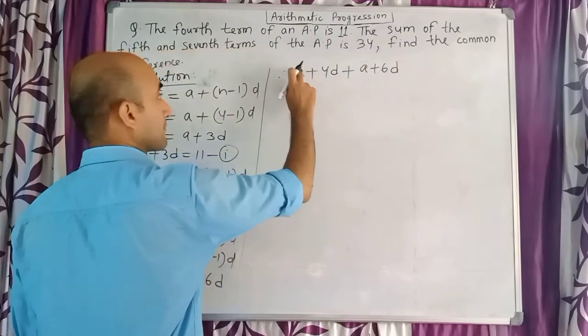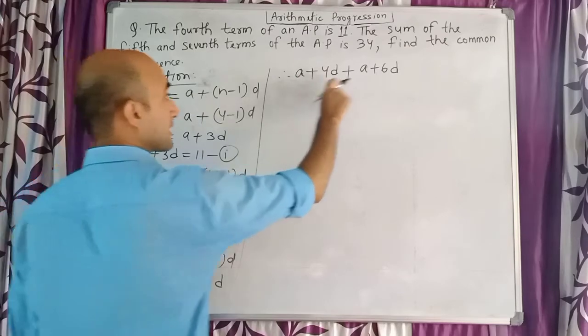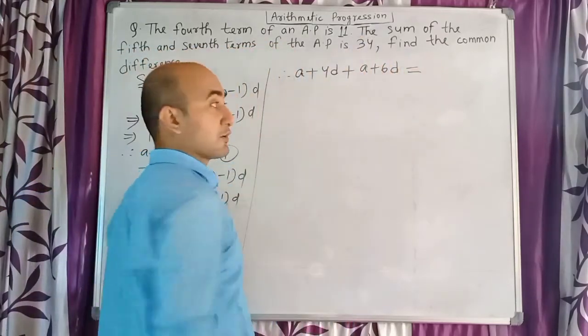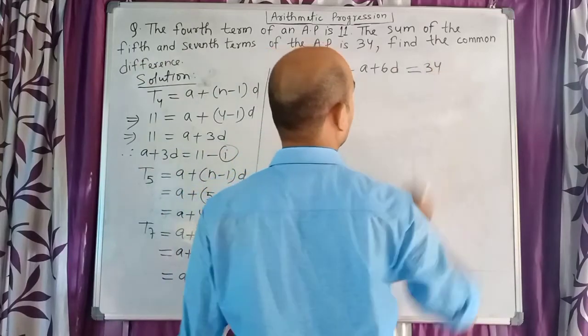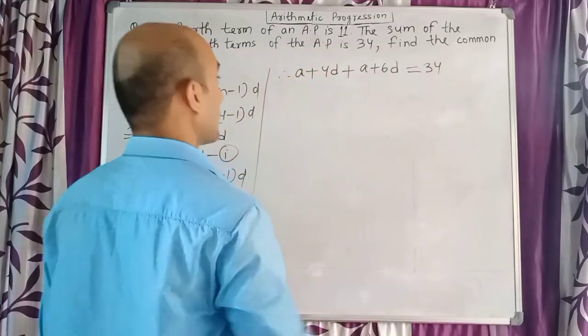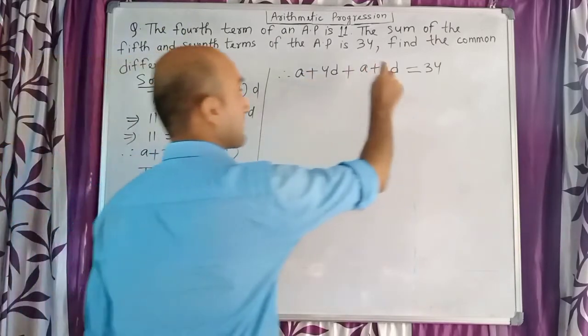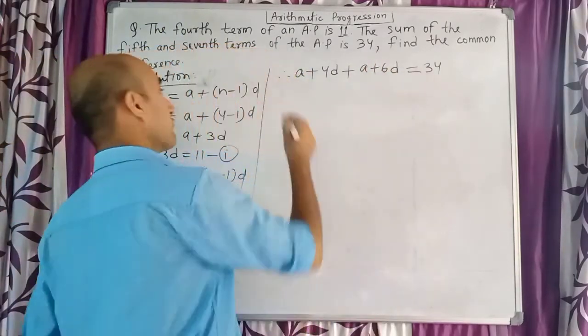The result of the sum of the fifth term and the seventh term is equal to 34. So this is condition number 2.